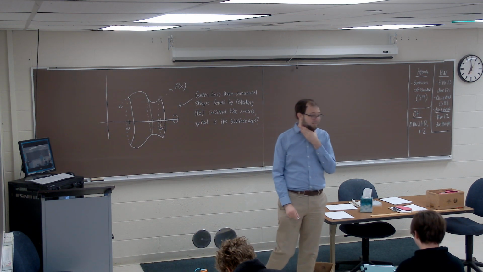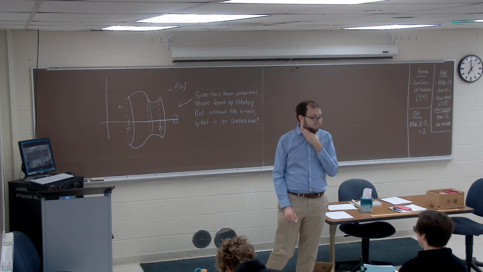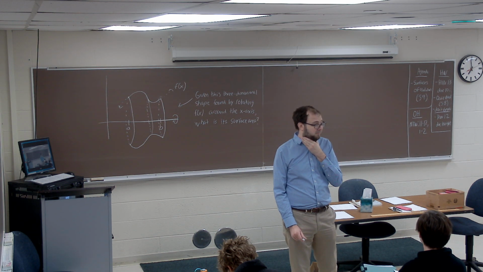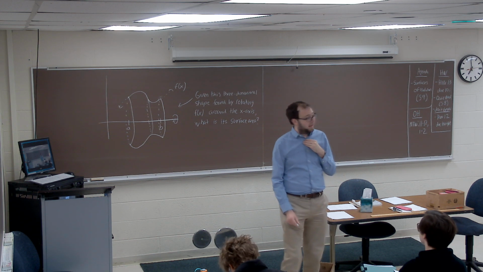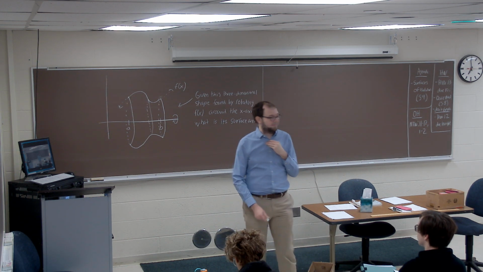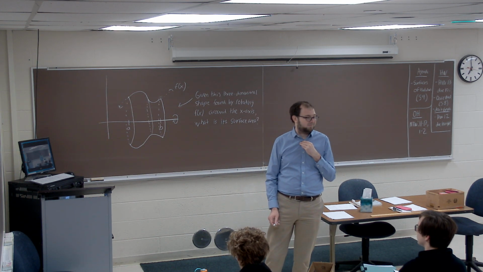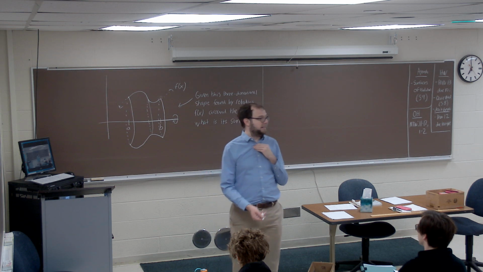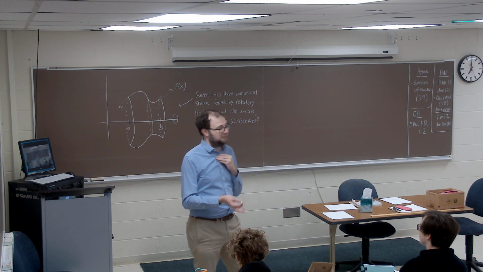I suppose that if you're rotating it a full 360, you could do the integral times 2 pi. Ah, yeah, 2 pi is going to get involved in there. Why 2 pi? Because you're rotating it completely 360 degrees around, and 360 degrees is 2 pi radians, so 2 pi is probably going to get involved somewhere along the way.